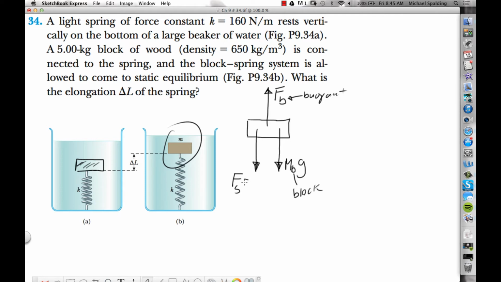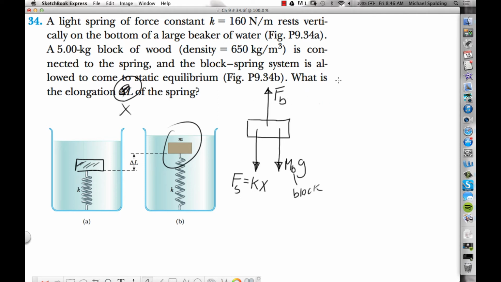And what's the equation for force of spring? Force of spring is Kx, but actually in this problem they're calling it delta L. Okay? So let's just change this delta L to x. What's the elongation, the stretch of the spring? Okay. So now, before we go any further, what is buoyant force always equal to?